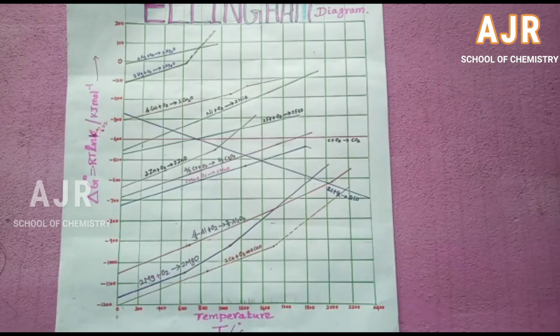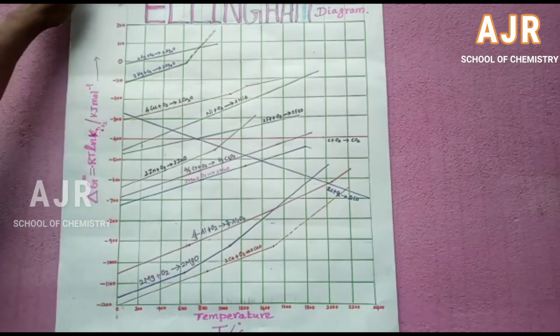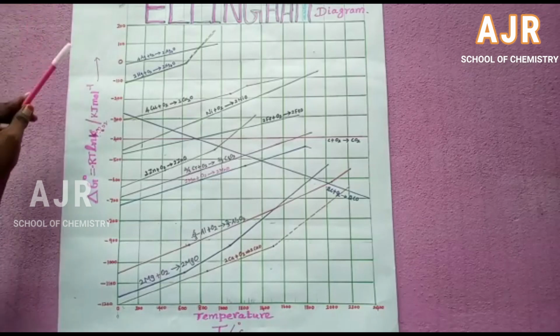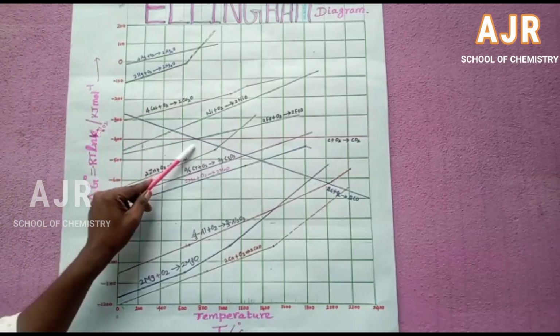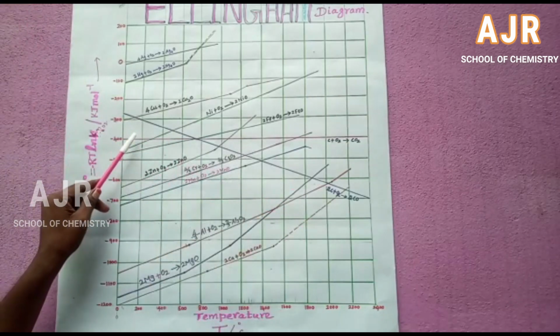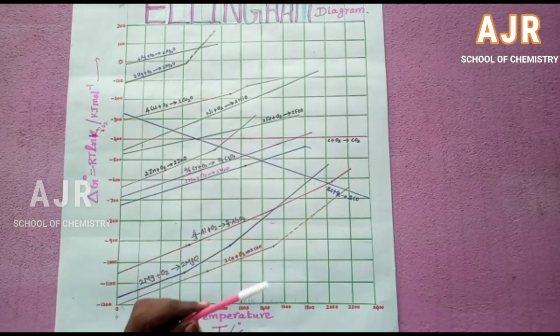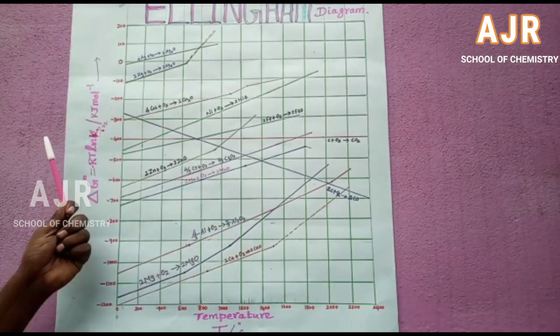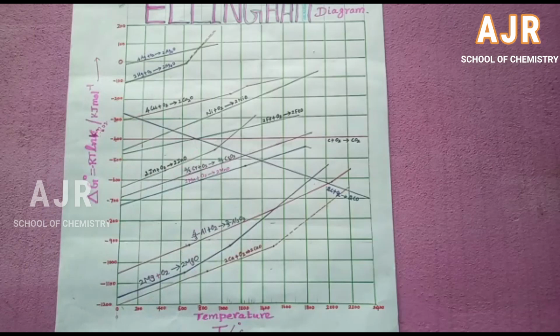Application number 3. If you go through this diagram, carbon line cuts across many metal oxides, and hence it can reduce all those metal oxides at sufficiently high temperatures.